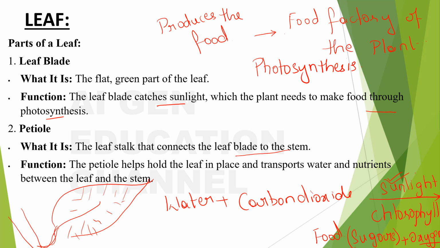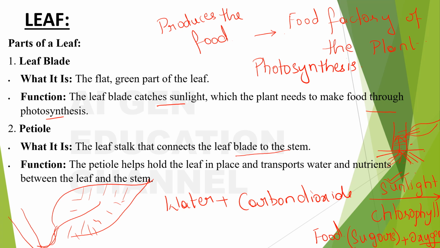So earlier we have seen that the roots will take the water from the soil, and this water and nutrients will be carried by the stem to the top, and wherever there is a leaf, these water and nutrients will be supplied to the leaf.